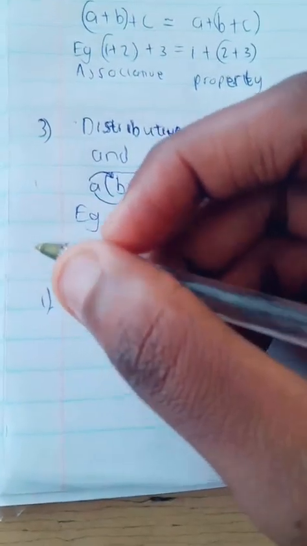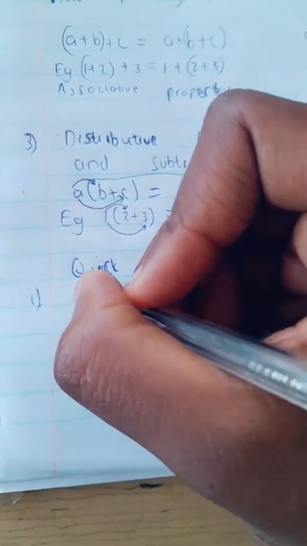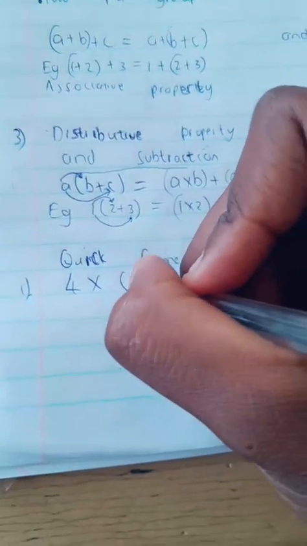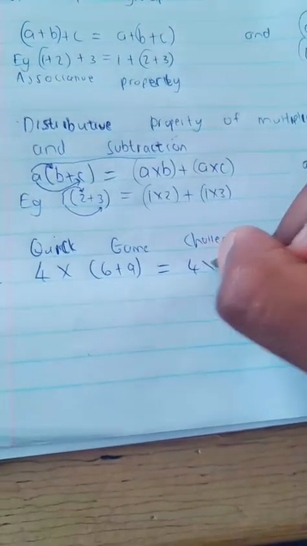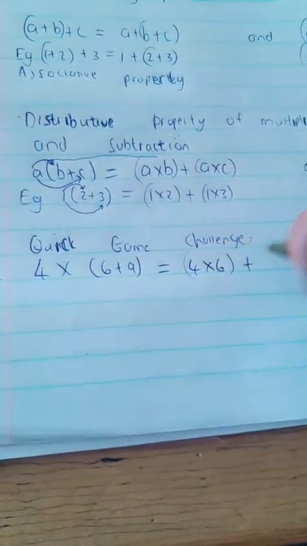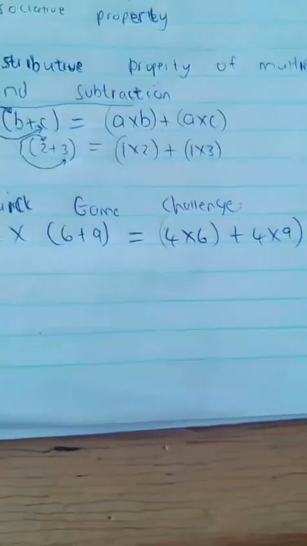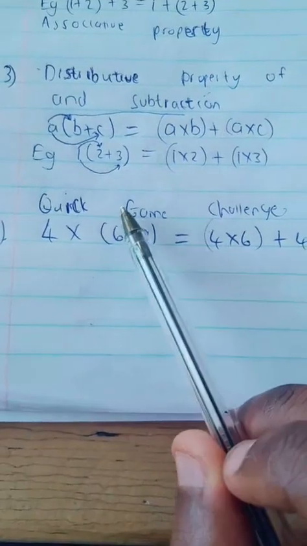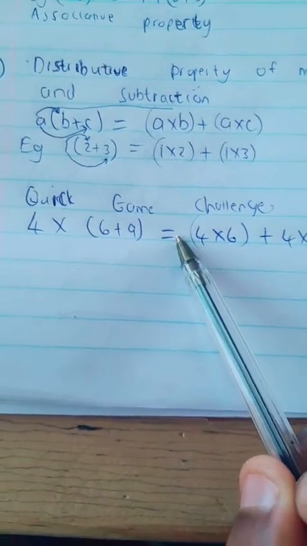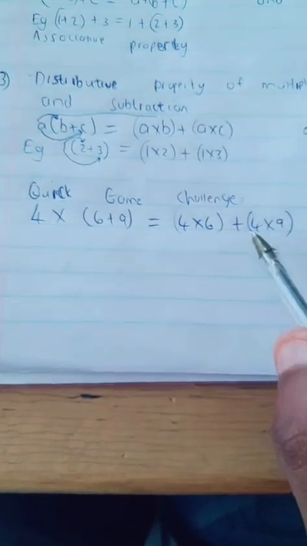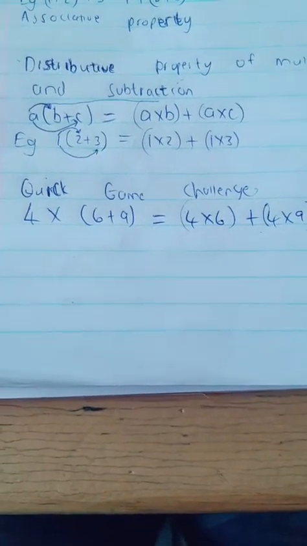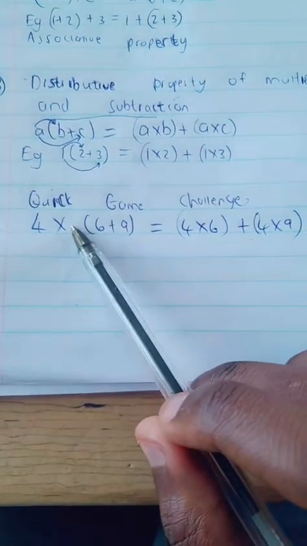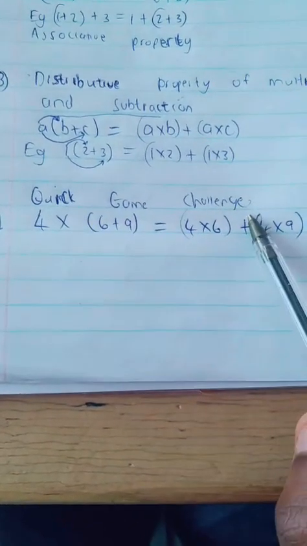I want you guys to tell me whether this statement is true or false and what property it is. 4 times bracket 6 plus 9 is equal to 4 times 6 plus 4 times 9. Is this true or false? And if it is true, what property are we applying for this mathematical statement?